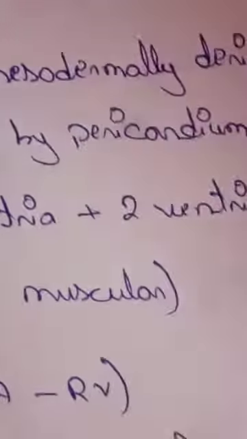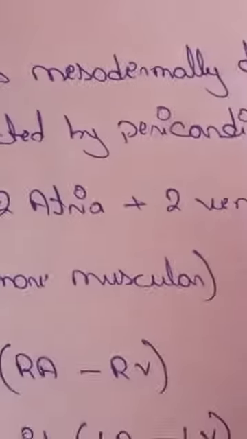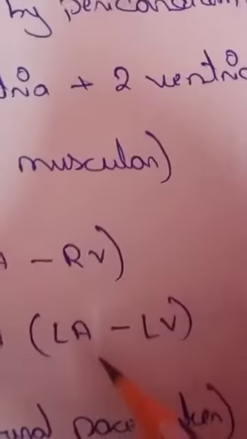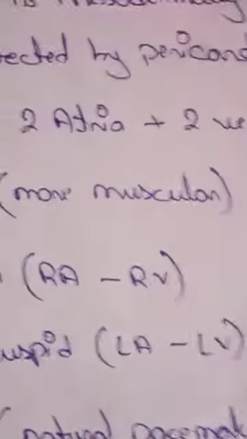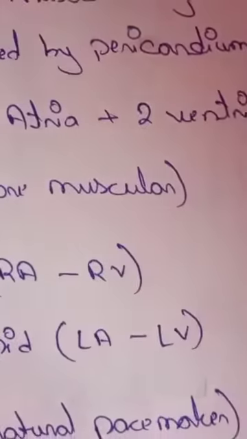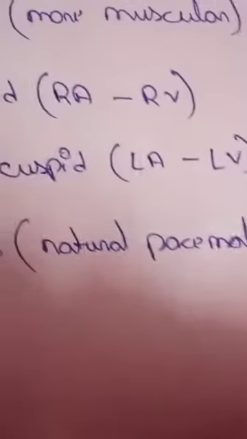Ventricles are more muscular for contraction of the blood. There is a tricuspid valve and a bicuspid valve. The tricuspid valve is between the right atrium and right ventricle, and the bicuspid valve is between the left atrium and left ventricle.